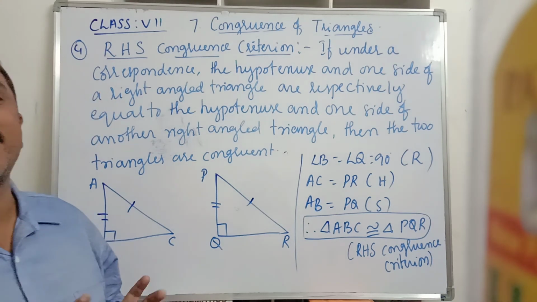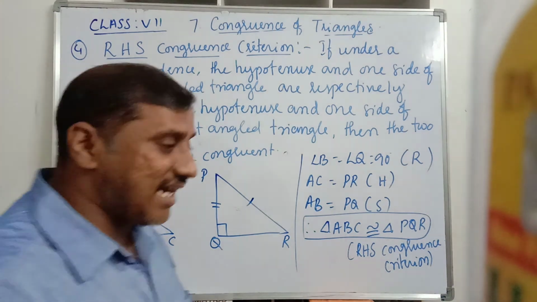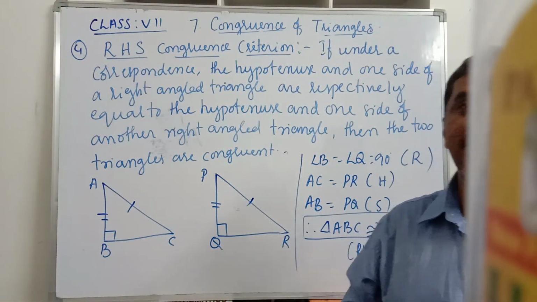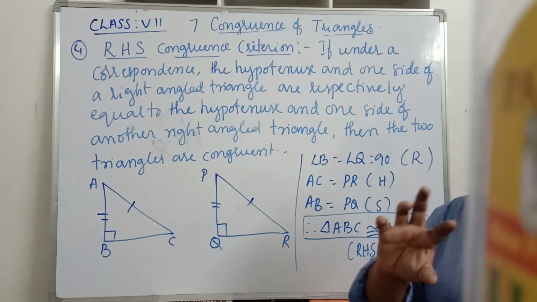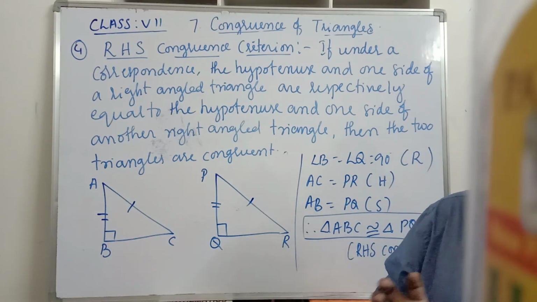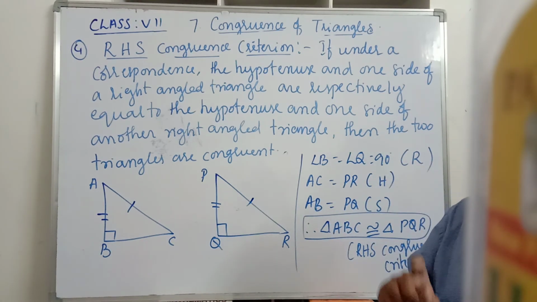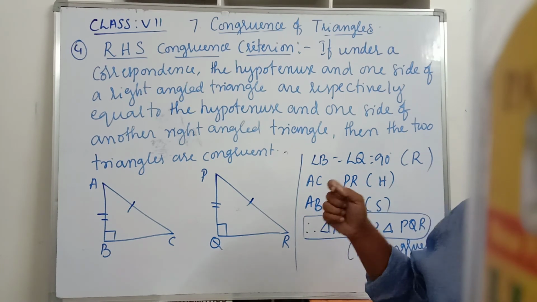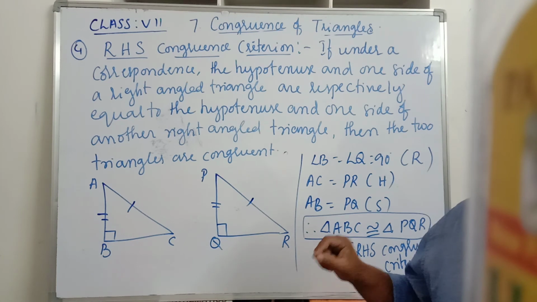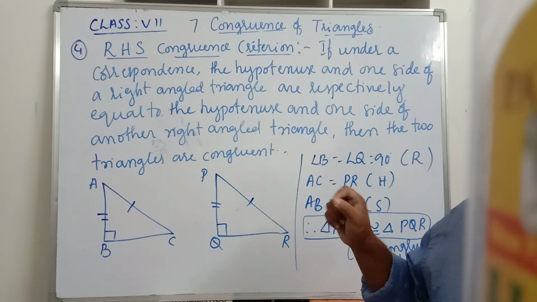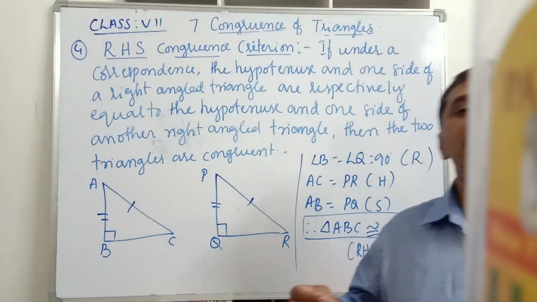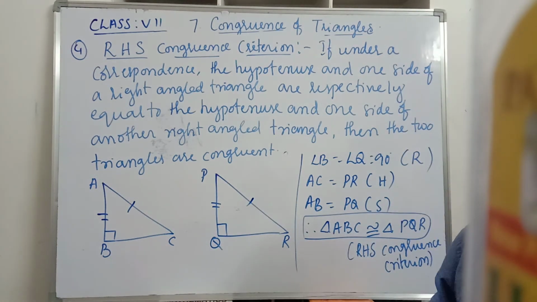The third one is the ASA congruency criterion. That is, if under a given correspondence two angles of a triangle and their included side are equal to two corresponding angles and their included side of another triangle, then the two triangles are congruent triangles.